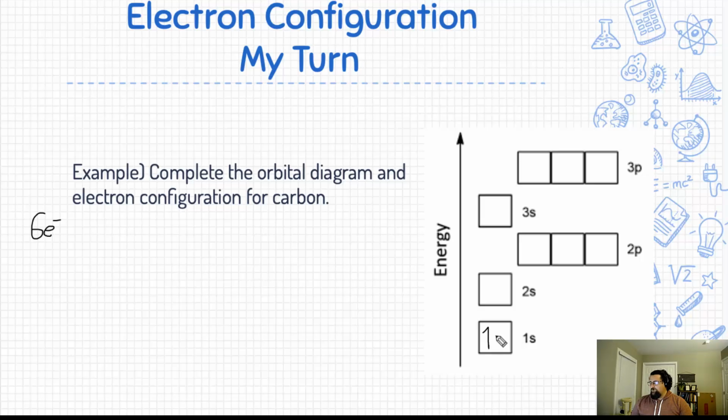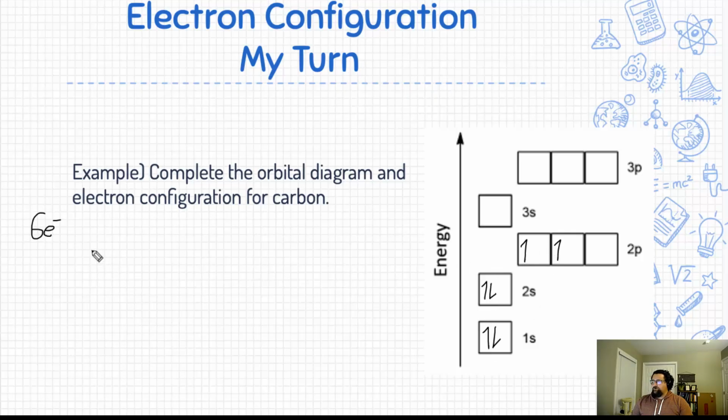We're going to have 1 up, 1 down, 2 electrons. 2s, 1 up, 1 down, another 2. Now I have 2 more to draw, so we go to the 2p. I start here and do an up, but I can't put it down. I need to go to the other orbital and put another one up. That's our Hund's rule. Sorry, guys, our Hund's rule. 1 up, 1 up, and now we have all 6.